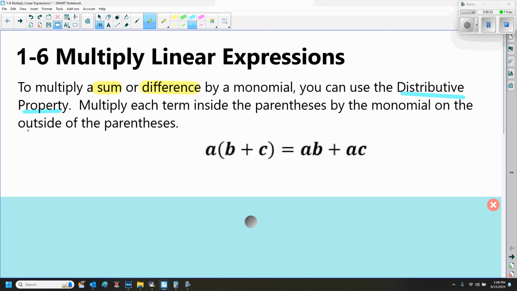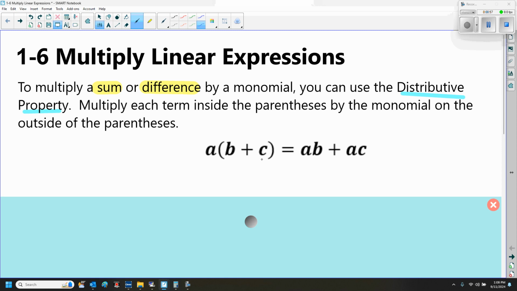Okay? Now the distributive property says to multiply each term inside the parentheses by the monomial on the outside of the parentheses. So here is what it looks like algebraically with variables. Okay? So we have this letter A times this sum. The sum is B plus C. You could also have a difference.